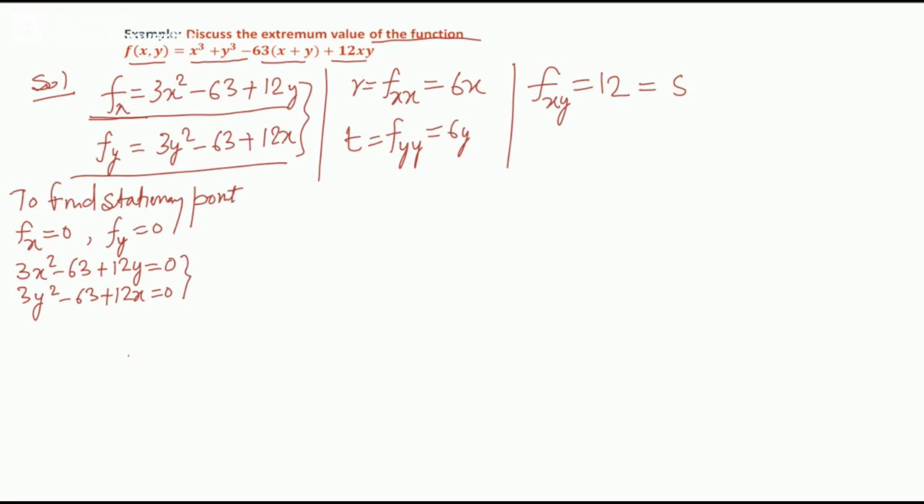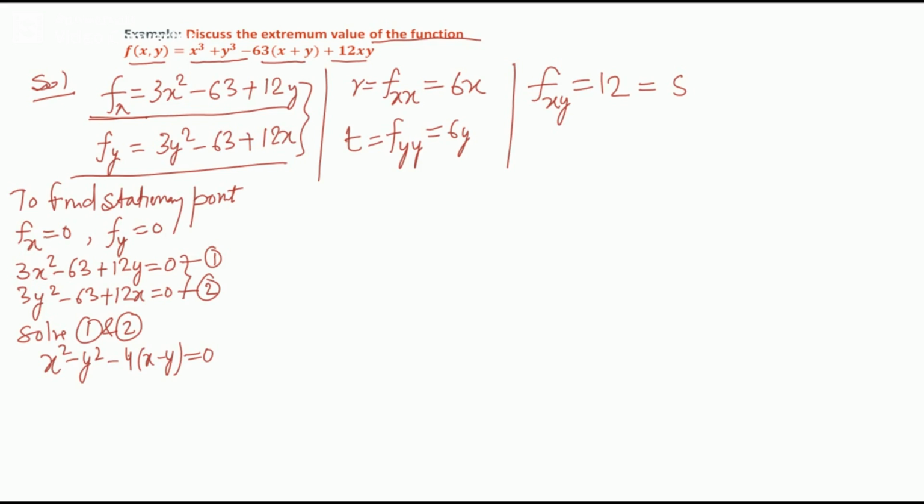When we solve these equations simultaneously, this is equation 1, this is equation 2. Solving 1 and 2, we get x square minus y square minus 4x minus 4y is equal to 0.